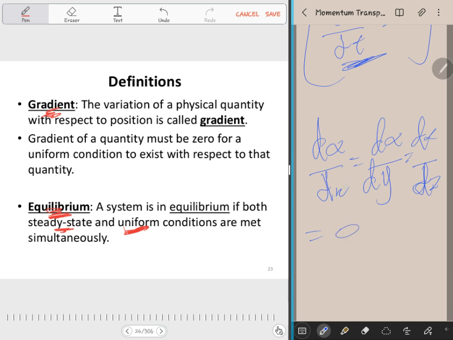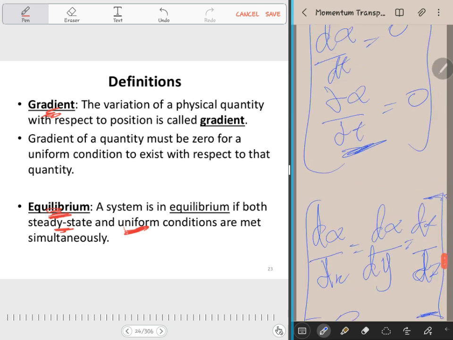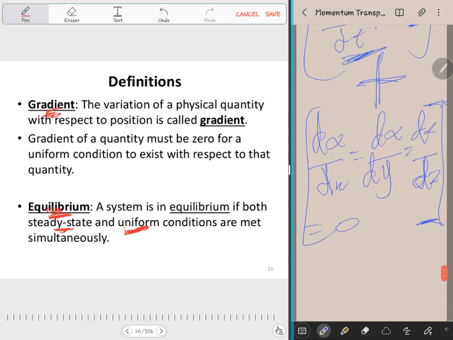When all these are 0, then we say uniform conditions exist. But when these two exist together, when this is equal to 0 and these are all equal to 0 for a particular coordinate system.